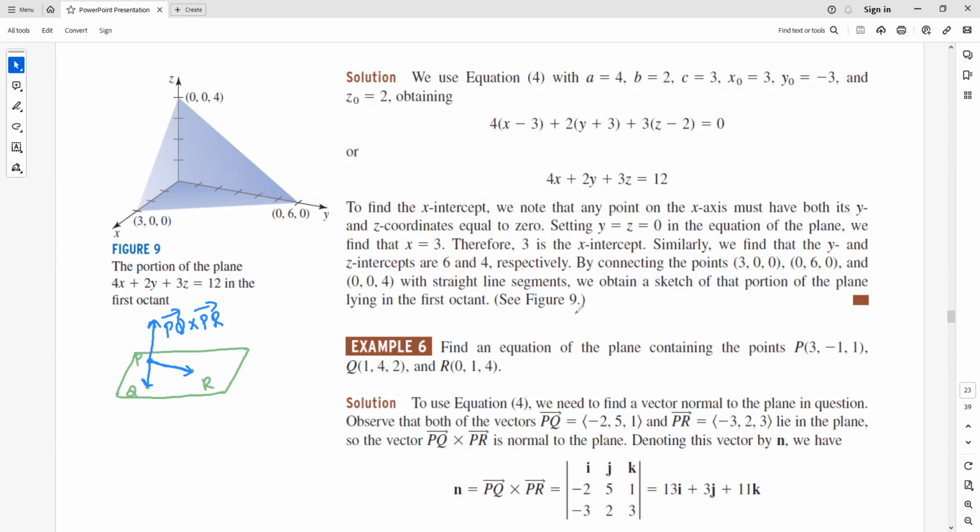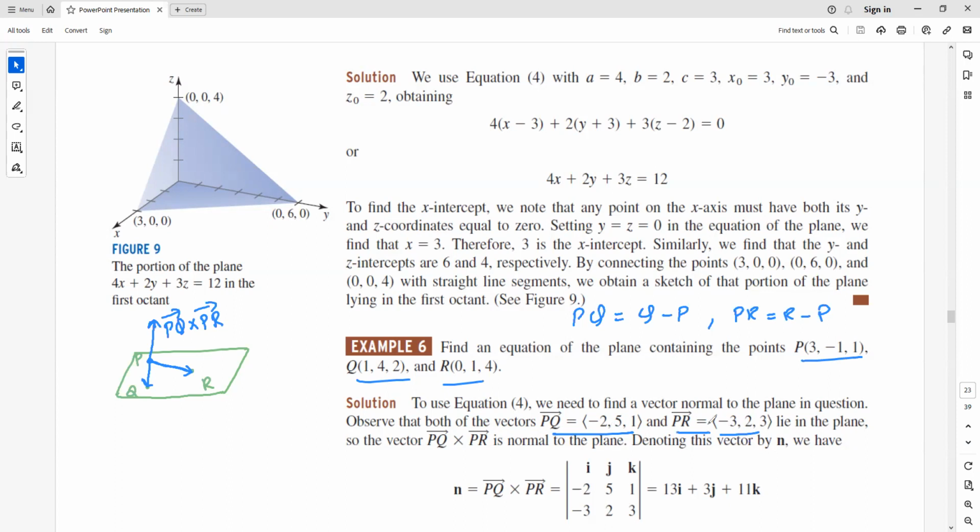So I need to find PQ, that is Q minus P, and I need to find PR, that is R minus P. Right, so the points are given, we can just find PQ. So PQ is Q minus P, therefore we get -2, 5, and 1.